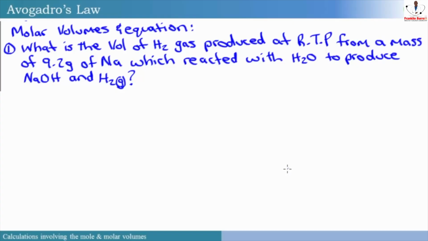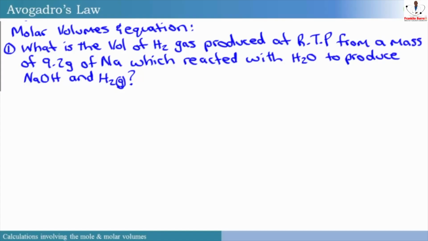Now we understand how to calculate volumes from given moles, or moles given the volume at STP or RTP. We are going to apply molar volumes to equations, similar to how we applied mass to equations. Now, this question you've seen before when we calculated the mass of sodium hydroxide that would have been produced from 9.2 grams of sodium.